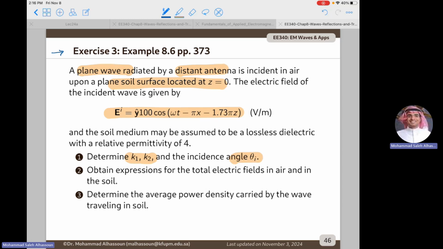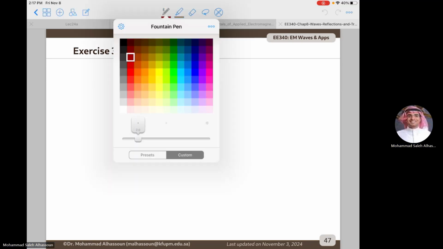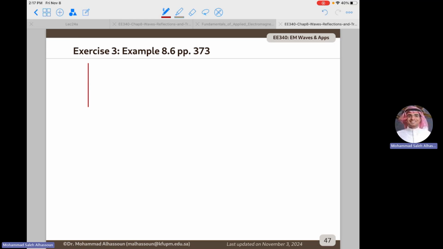The first step is that we need to sketch the problem. So this is the xz plane, the plane of incidence. We have the incident electric field, the reflected electric field, this is theta I, this is theta R, and we have the transmitted electric field.